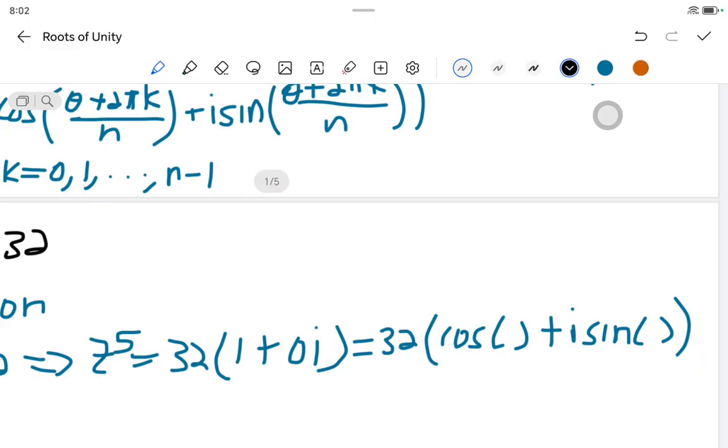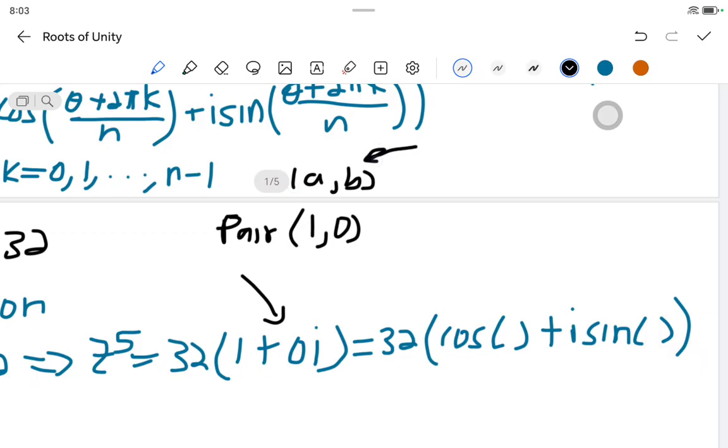Now, for us to check the angle, we are going to look at this pair 1, 0. Remember, this pair is supposed to be (a, b), and this is the form a plus bi.